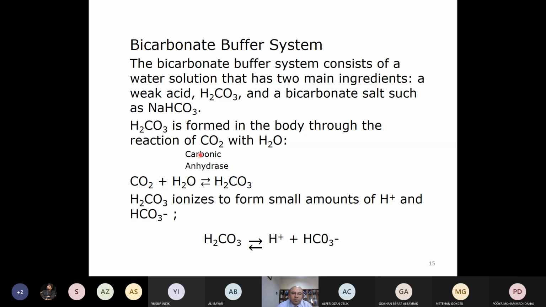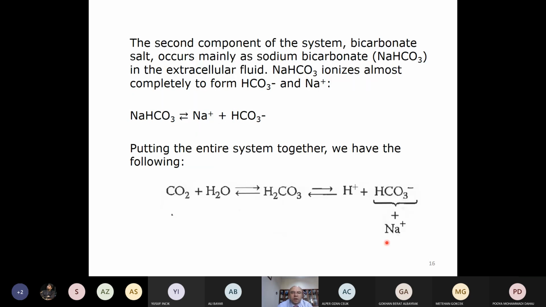This is a carbonic anhydrase catalyzed reaction. Carbon dioxide reacts with water and forms carbonic acid. Carbonic acid ionizes, and hydrogen and bicarbonate ions will be formed in the solution.